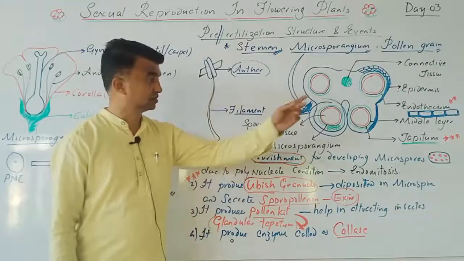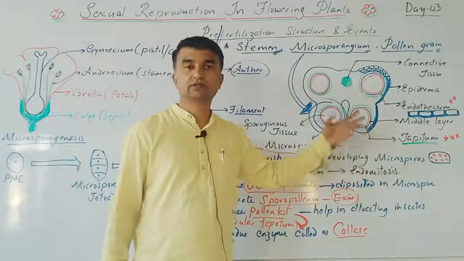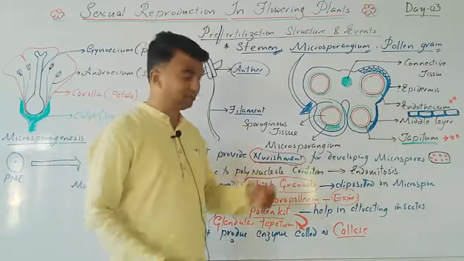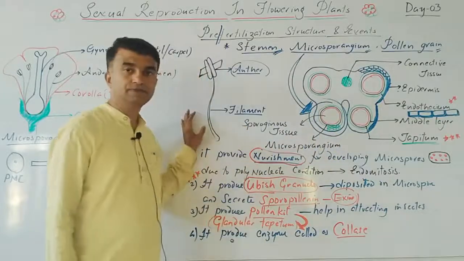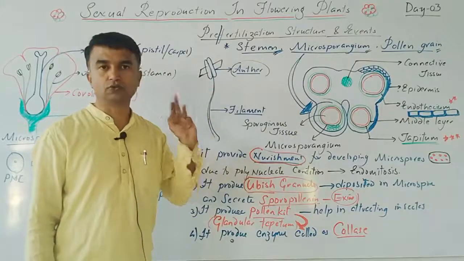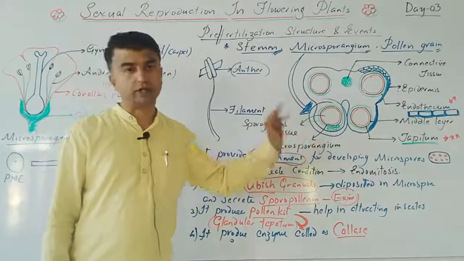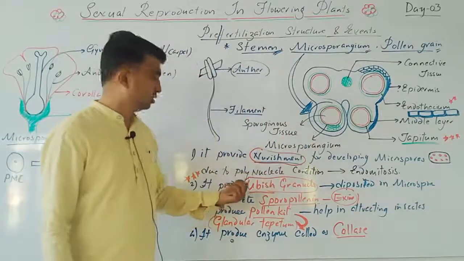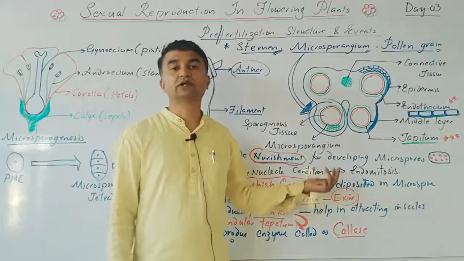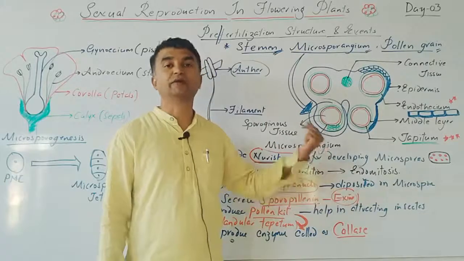Apart from this, the tapetum will produce hormones like indoleacetic acid. So the tapetum function is very, very important. It is very easy to remember. Nourishment is one, because of the polynucleate condition. Second, it produces the Ubisch granules that will secrete the sporopollenin, which is the toughest material and will decide the exine patterning also.